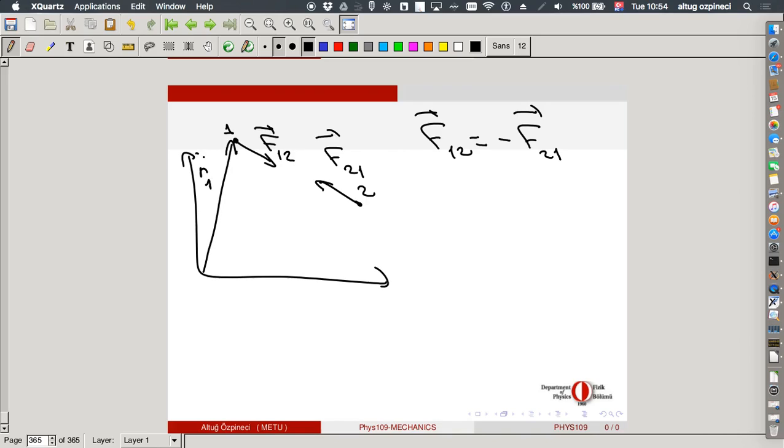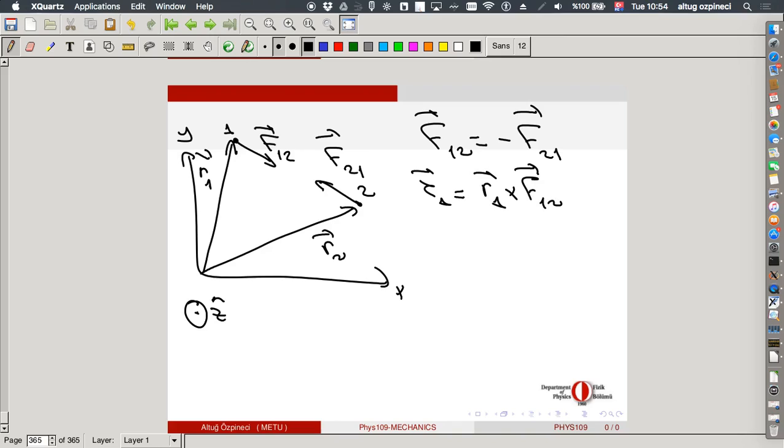This is R1. This is my R2. What is the direction of R1? Torque 1. This is the z-axis, xy. This is equal to R1 cross F12. Well, in fact, let's do it in a different way.